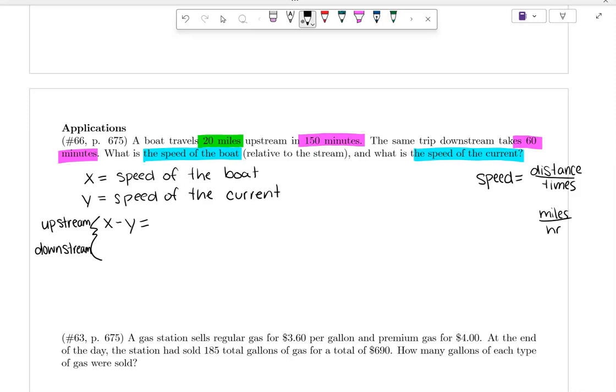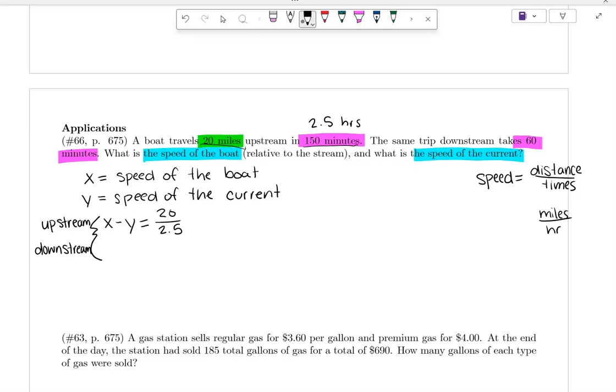And for upstream, we know it's 20 miles. So we know our distance is 20 miles up top. And the time is 150 minutes, but we know 150 minutes is 2.5 hours. So we're just going to convert that if we want to do miles per hour. So then we're going to do 20 divided by 2.5. That's going to be our equation for upstream.